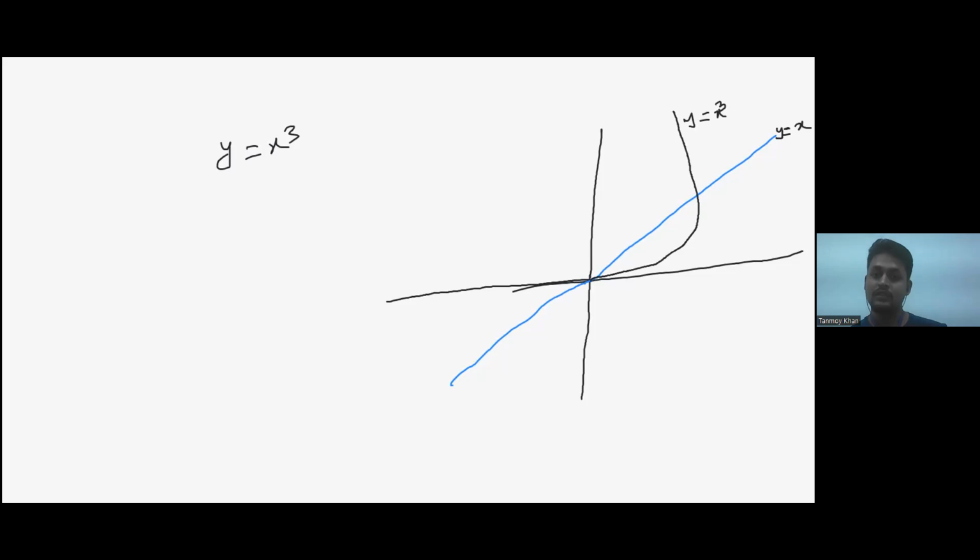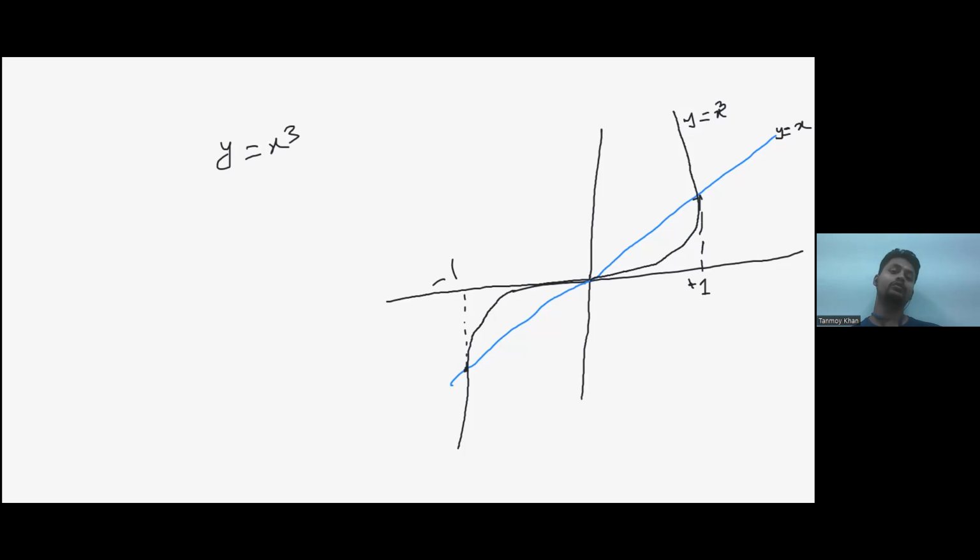Also, y equals x cubed is symmetric about the origin.